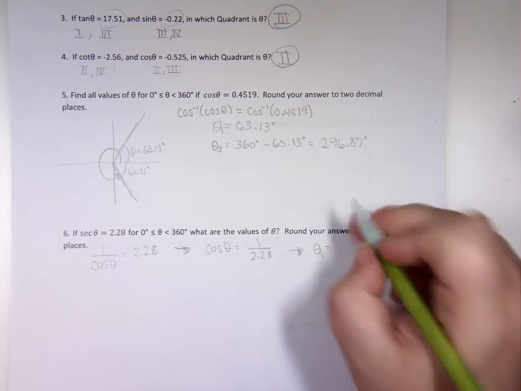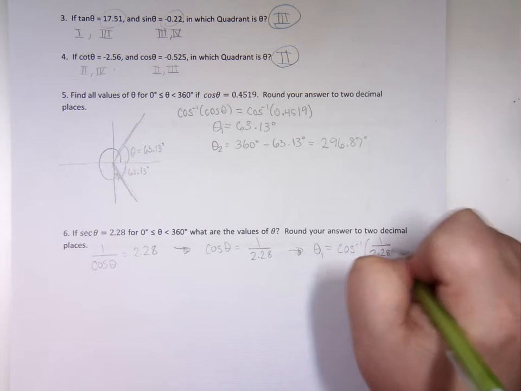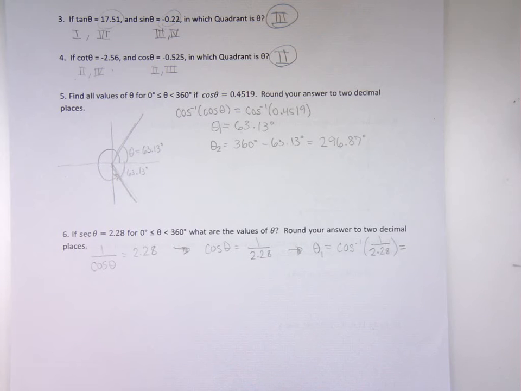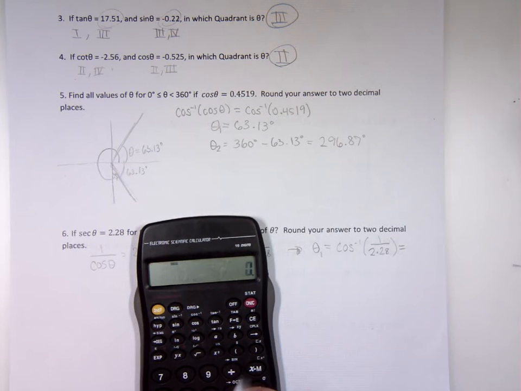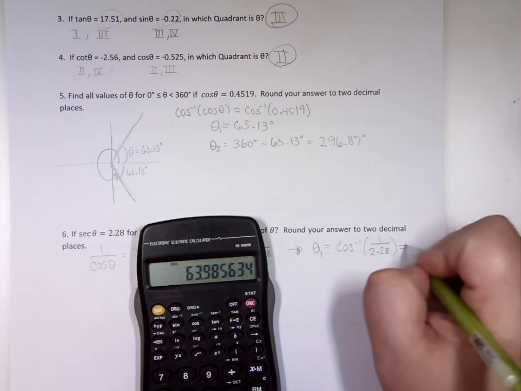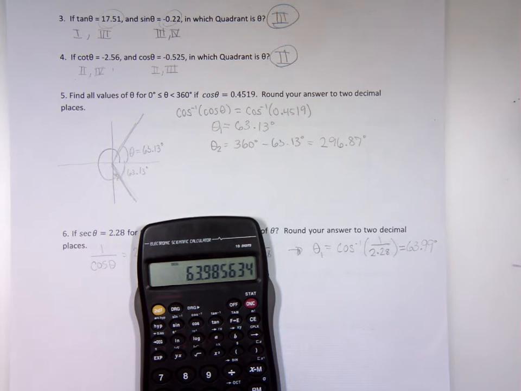So theta 1 is the cos inverse of 1 over 2.28. Okay, so that's going to be 63.99 degrees.